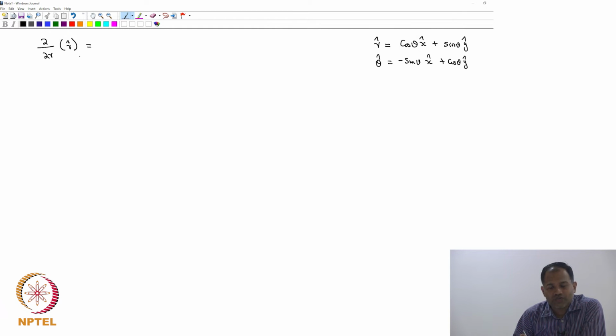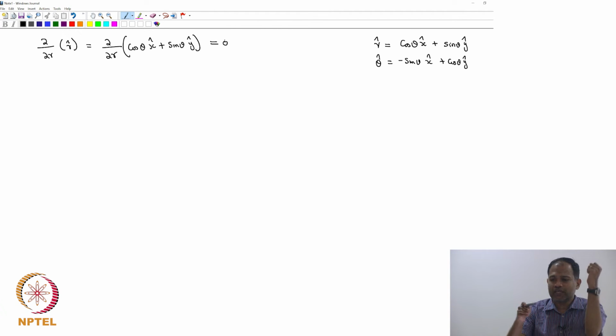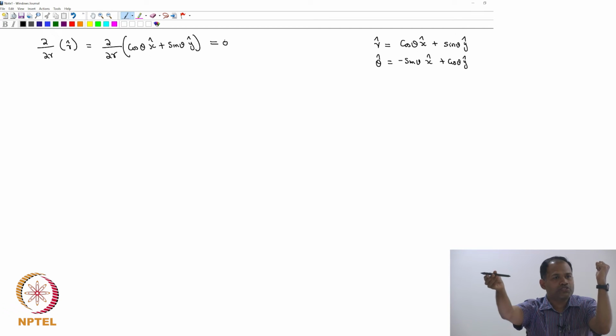So, del by del r of r cap is the derivative of cos theta x cap plus sin theta y cap. Now, theta is not a function of r by definition; theta and r are two independent coordinates, and x cap and y cap are constant unit vectors. So this is a constant as far as r variation is concerned, and therefore del by del r of r cap is equal to 0. That has to be the case because if I define an r cap like this and go in this direction, the unit vector is not going to change.